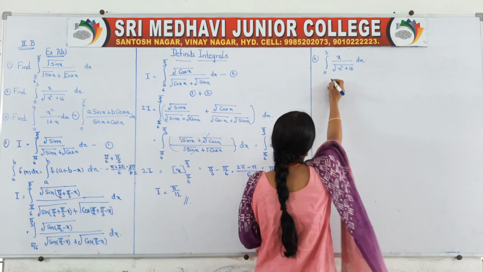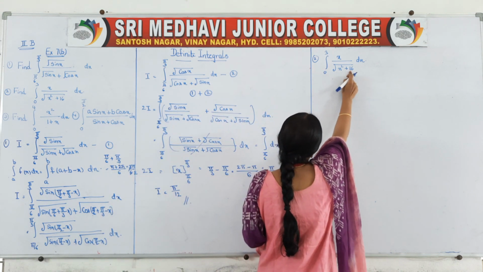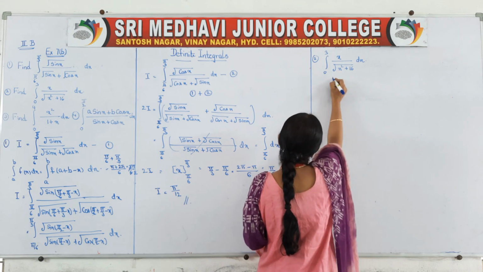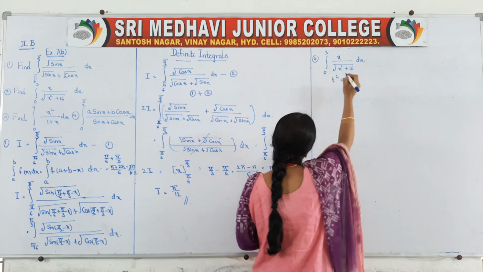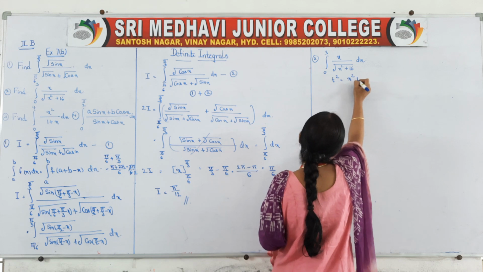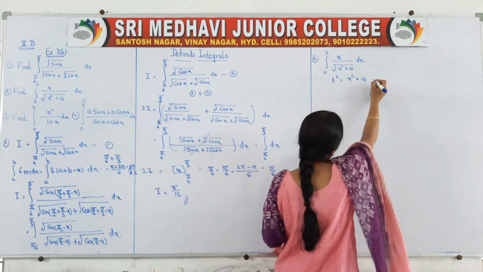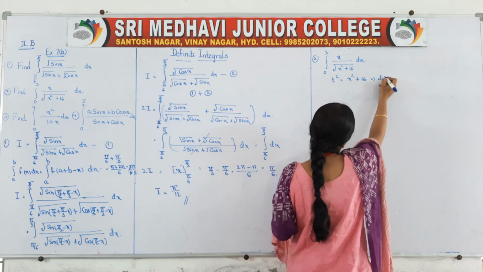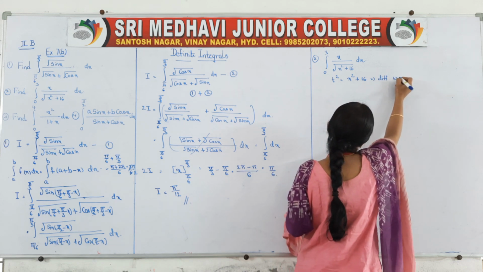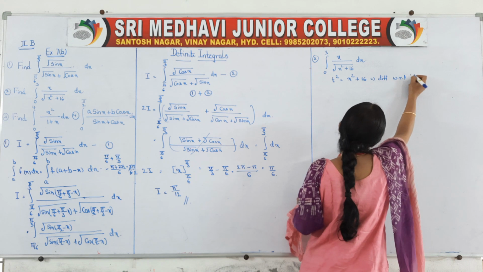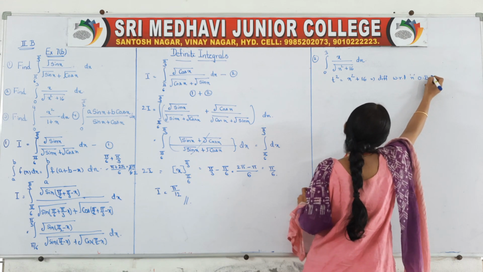So you take the value which lies under the root as t square is equal to x square plus 16. Okay, so now differentiating with respect to x on both sides of the equation.